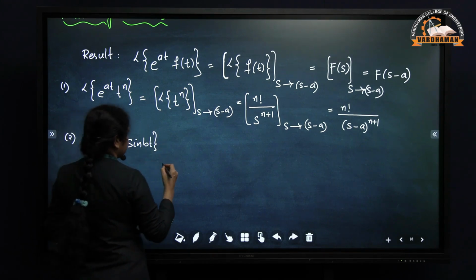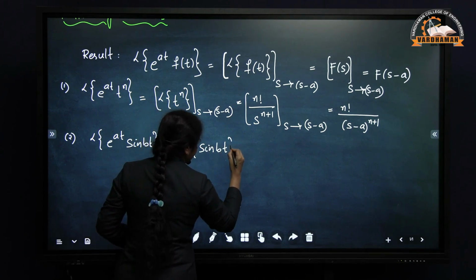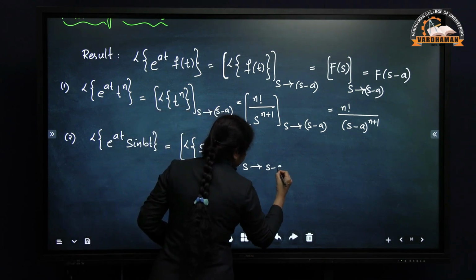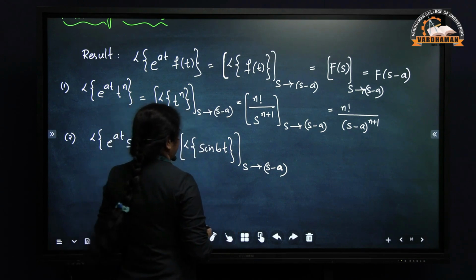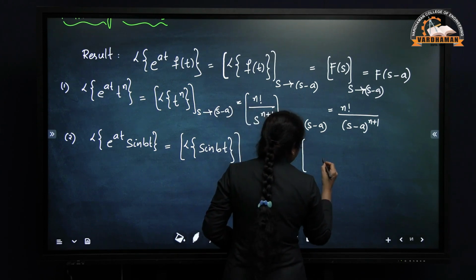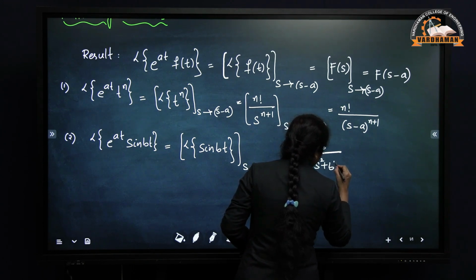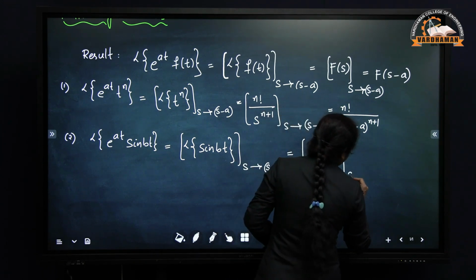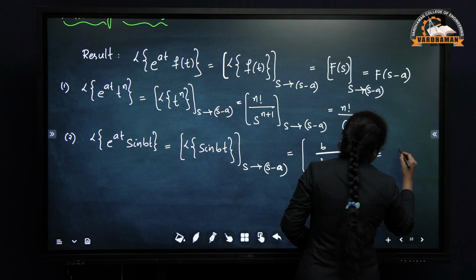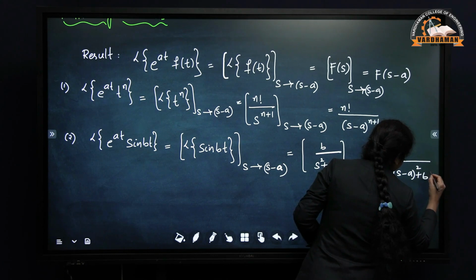To evaluate this, first we need to find the Laplace transform of sin bt, and here we need to change s to s minus a according to the first shifting theorem. Now, what is L of sin bt? The formula is b by s square plus b square, and changing s to s minus a, the result is b by s minus a whole square plus b square.